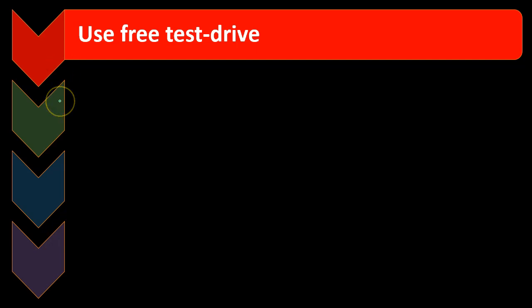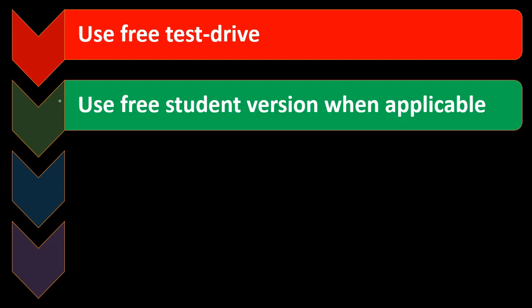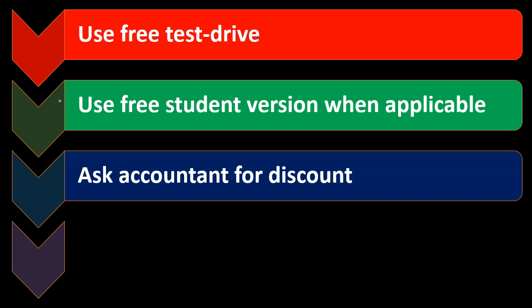How can you get a fresh QuickBooks Online file? You could use the student version. If you're going to a qualified university for QuickBooks, remember that you might want to look at that student version, which gives you basically a temporary version that you can use to practice in this course. You can ask your accountant, who may be able to give you some type of discount.